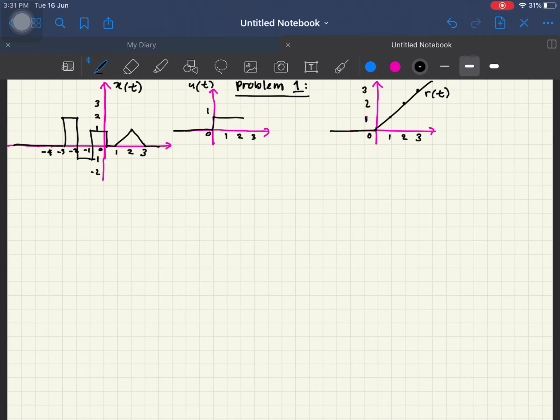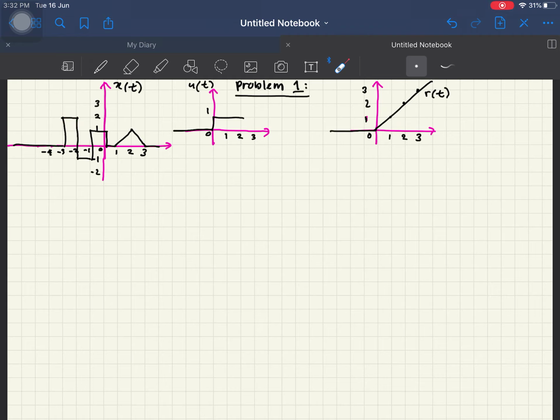Now let's look at this x of t. If you analyze this x of t, you will see that in this part here, you have a step signal that undergoes a time shift of 3 seconds to the left and amplitude scaling of 2. From 1 it becomes 2.